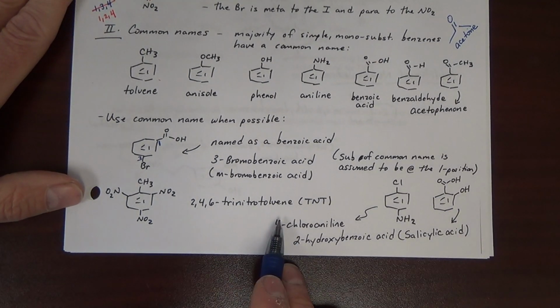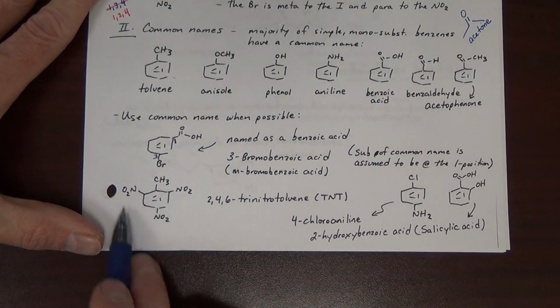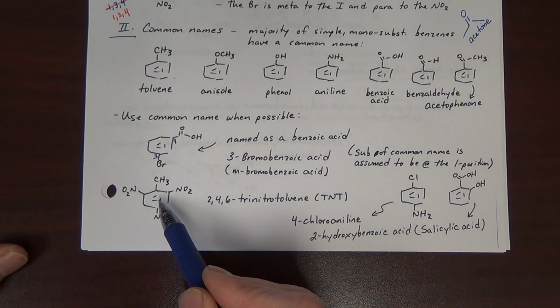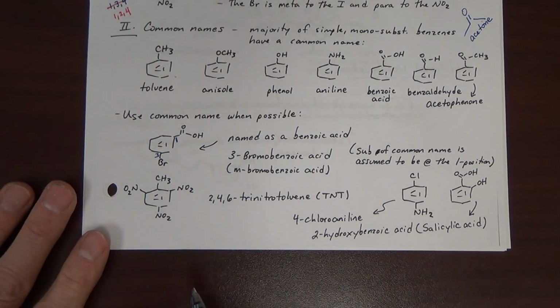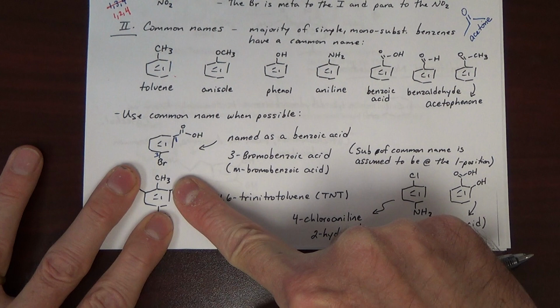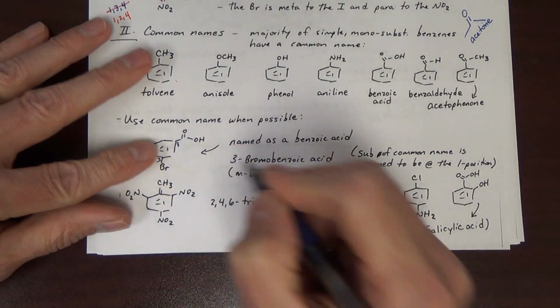Let's do a couple of other examples with common names. Do we see a common name in here for a benzene derivative? Again, nitrobenzene is not a common name, but we see toluene there. Toluene. And that's the one position.